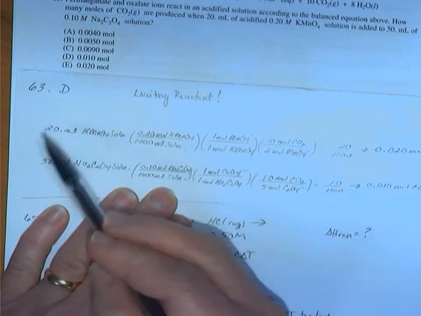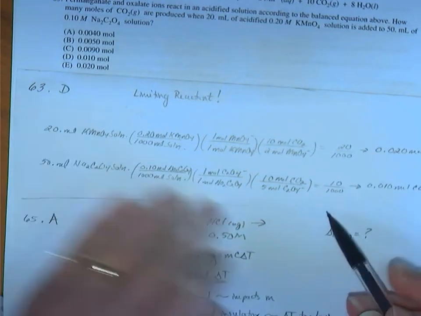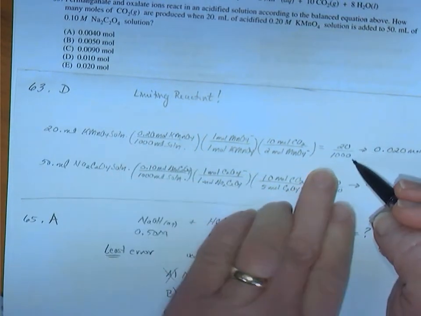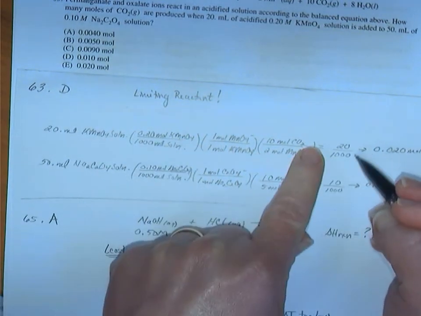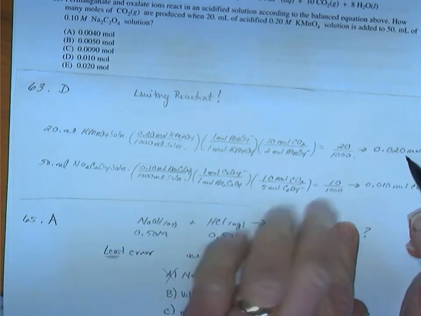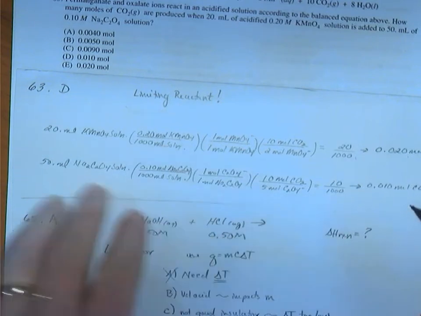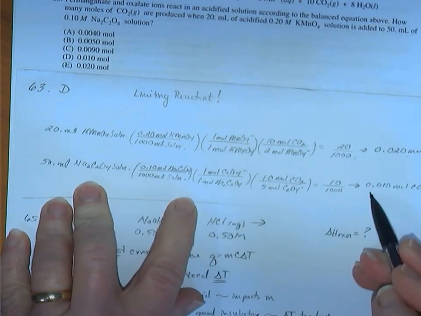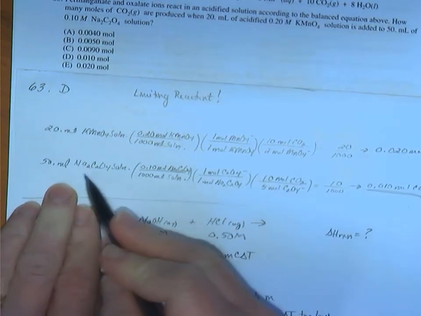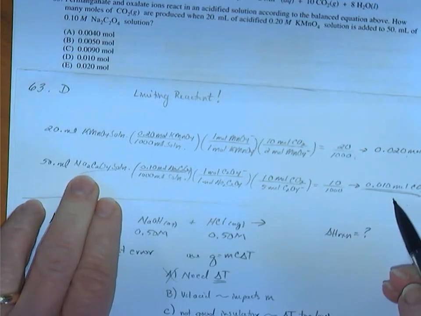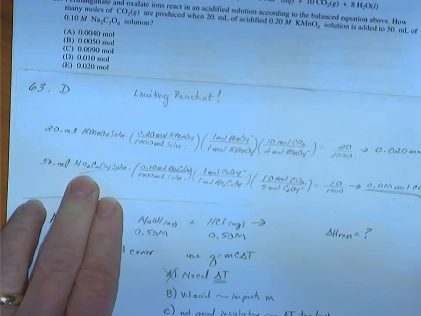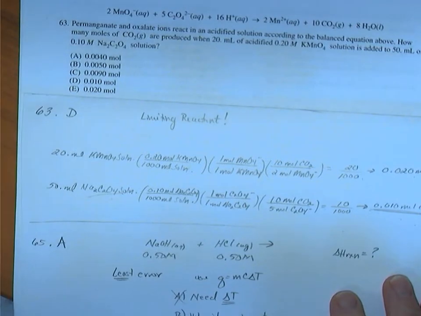So 2 and 20, I made this 10. I waited to divide by 1,000 until I got my numerator, and then just moved my decimal place. But that made it much easier for me to see the cooperative math. But this ends up being our limiting reactant, and we get just 0.010 moles of carbon dioxide, which is choice D.